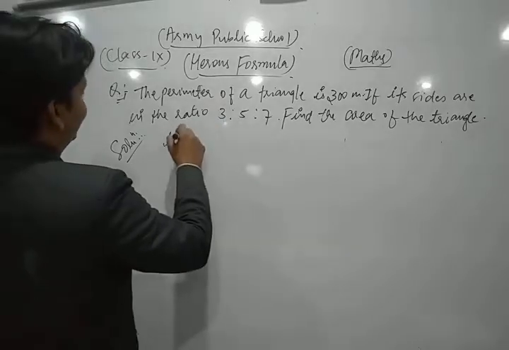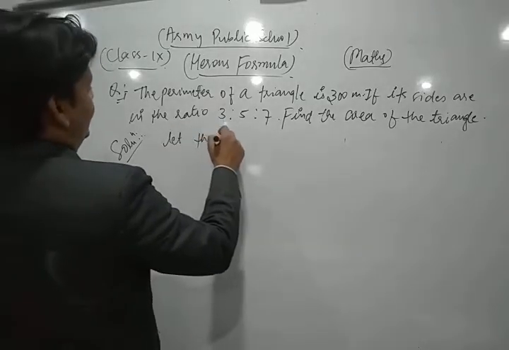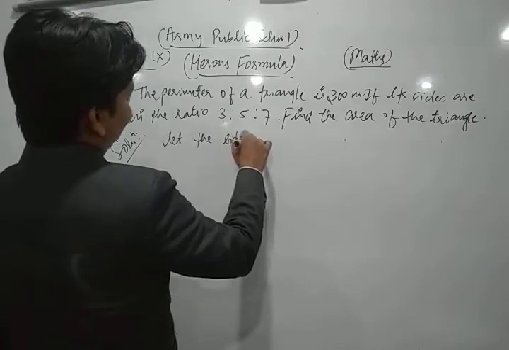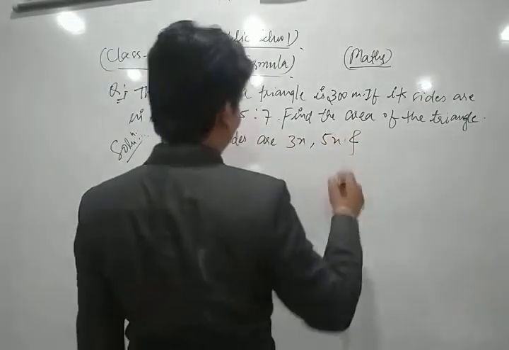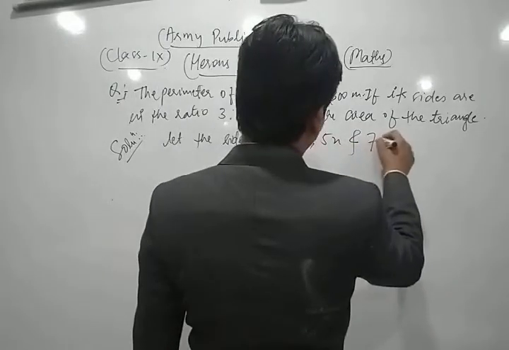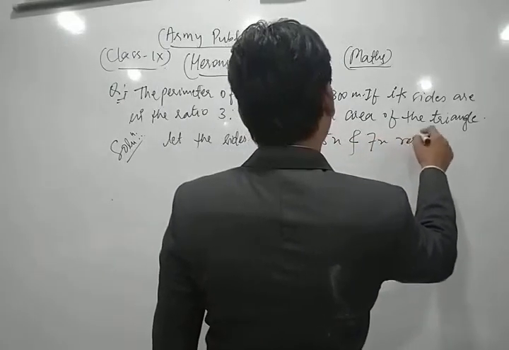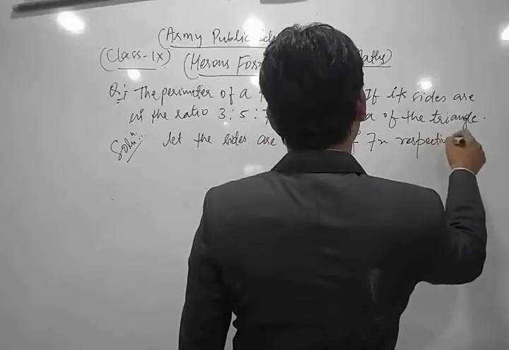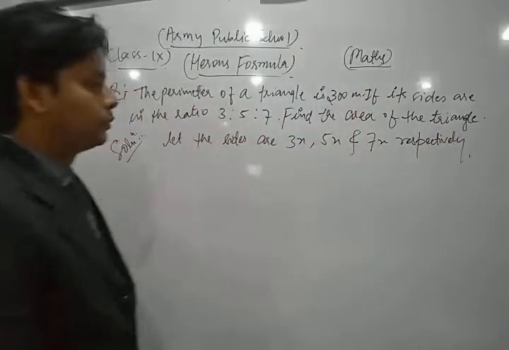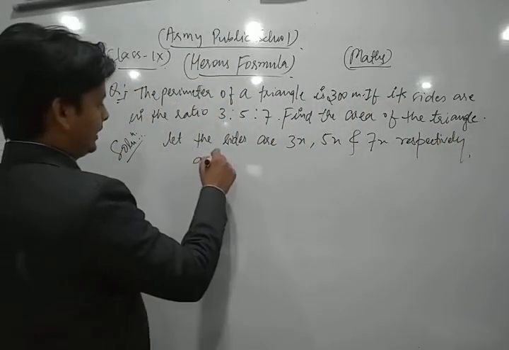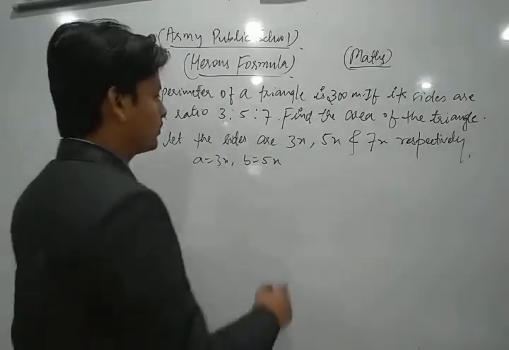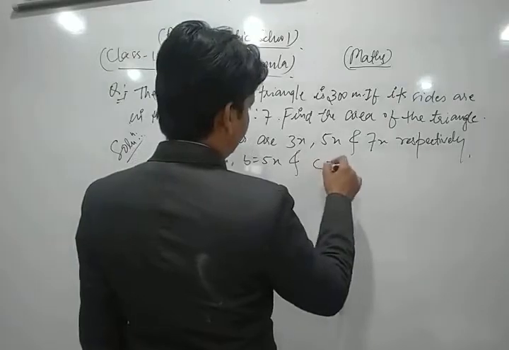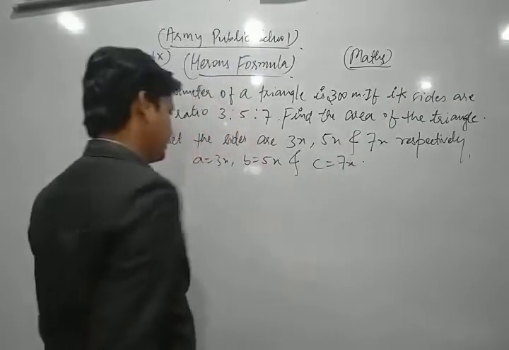First of all, let the sides be 3x, 5x and 7x respectively. Suppose side A is taken as 3x, side B as 5x, and side C as 7x.